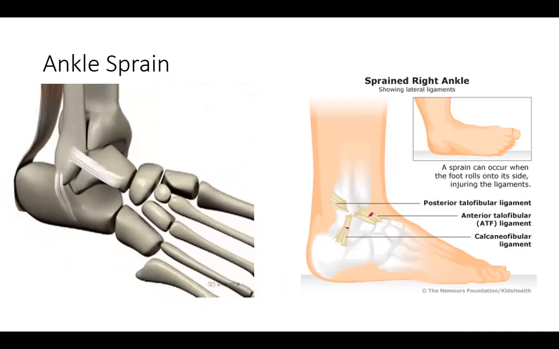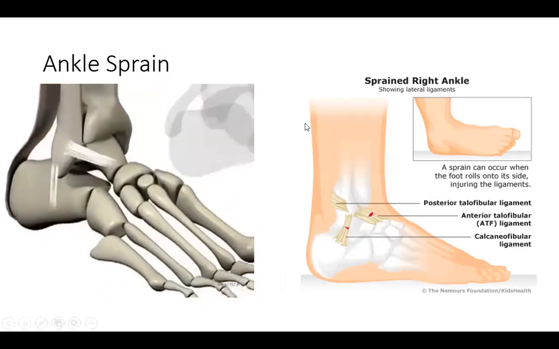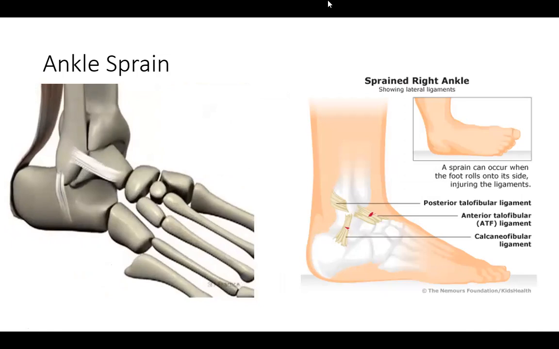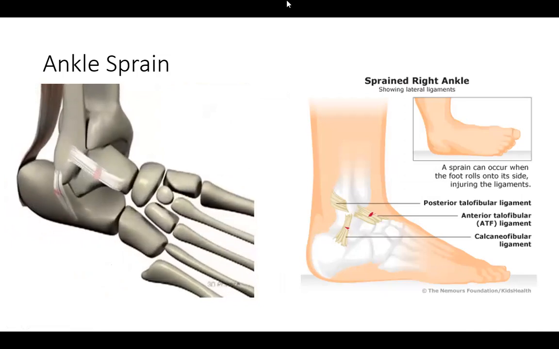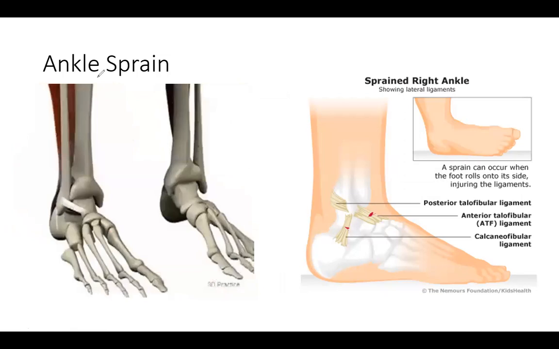Now here we see on the left, let me get my pointer here, there we go. You can see the ligaments attaching, here's the fibula right there, over here's the tibia. The talus is sort of hidden there, but here's the calcaneus.